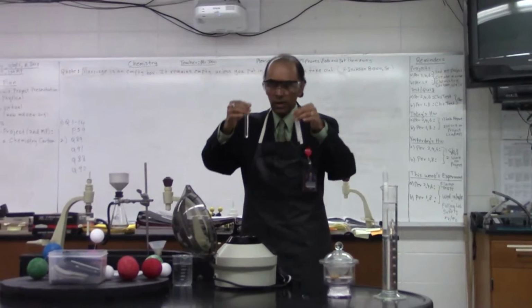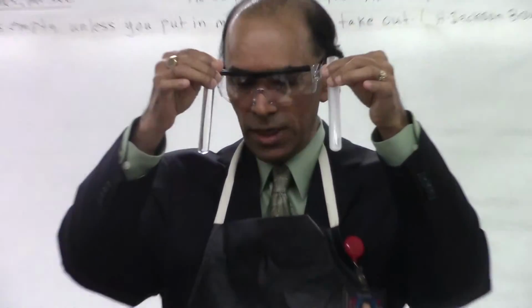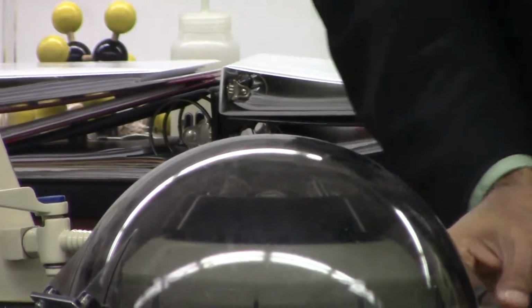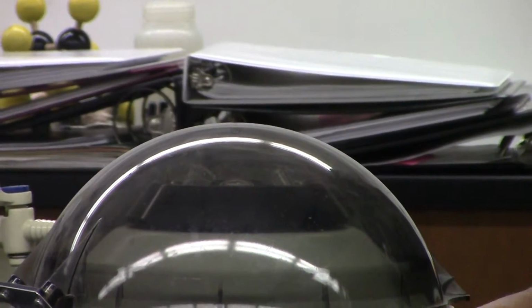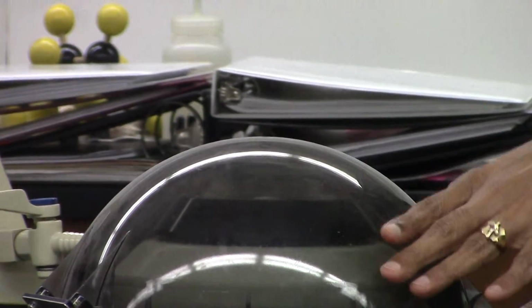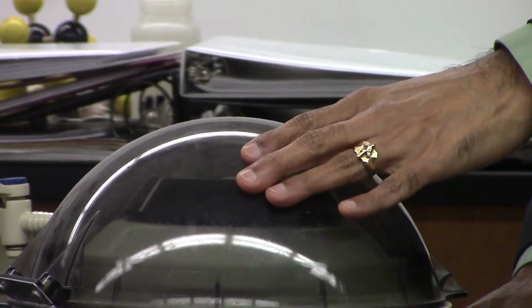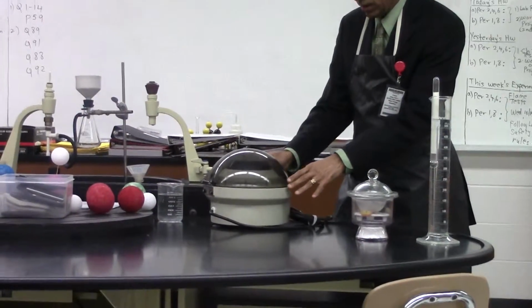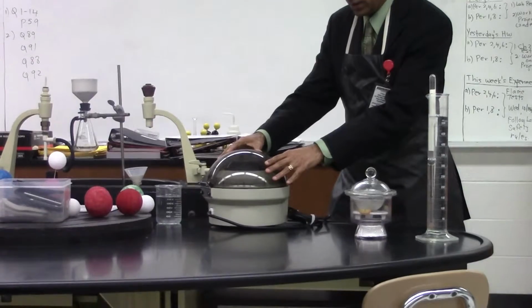So what I do, I have 2 identical test tubes, one filled with tap water and one filled with my mixture with a suspension. I put them both in a centrifuge, and I turn my centrifuge on. All right, it spins around. It shakes the entire table over here. And it's still spinning.